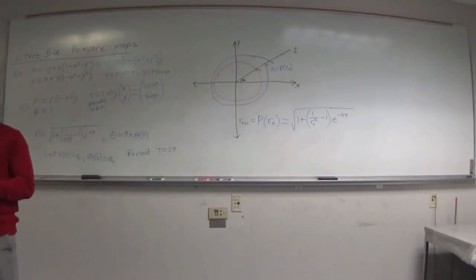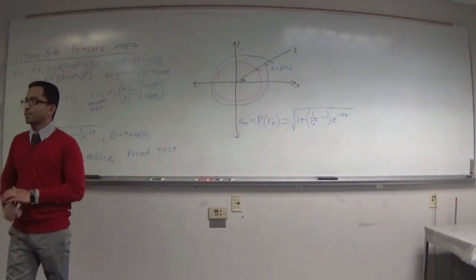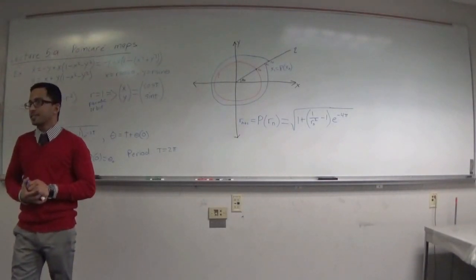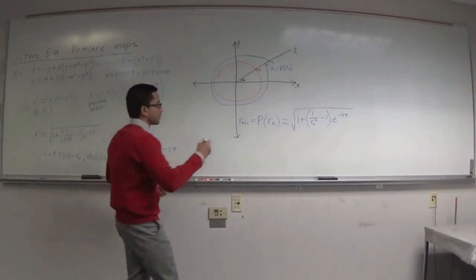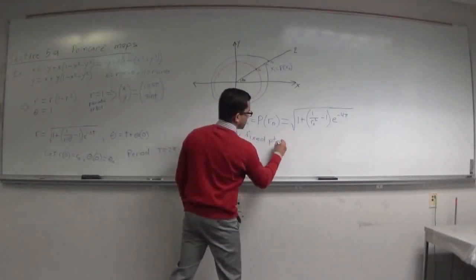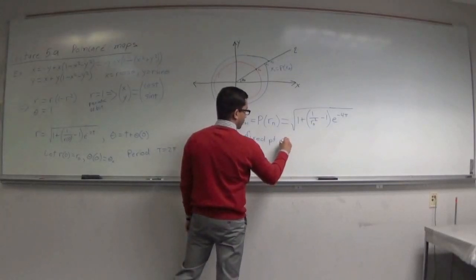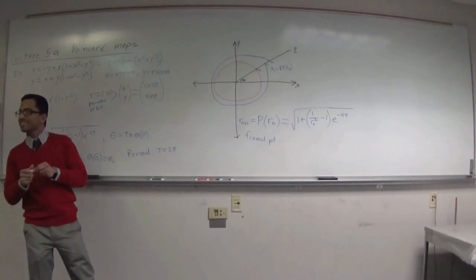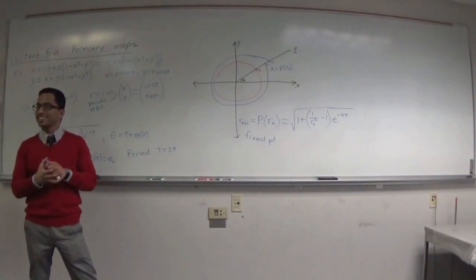So what do we want to do first? What do we usually do with any dynamical system? On the fixed point. Okay, so we know what the fixed point is, right? Let's just write down what the fixed point is since we already found it. So what is that? 0 and 1. Oh, it's what?